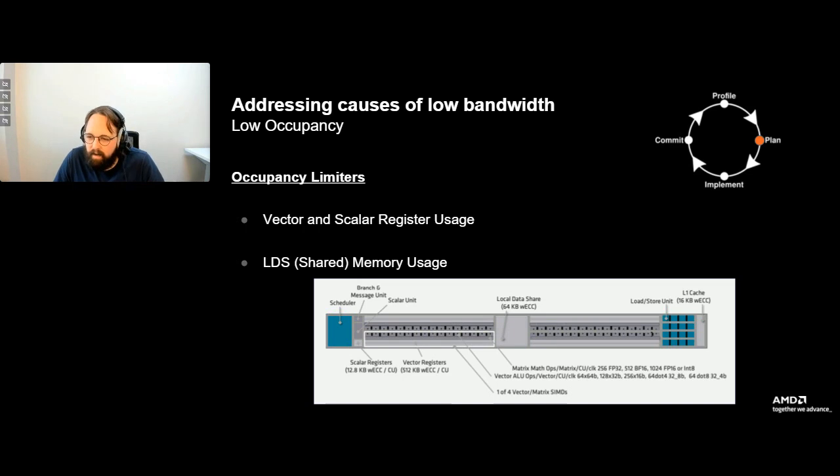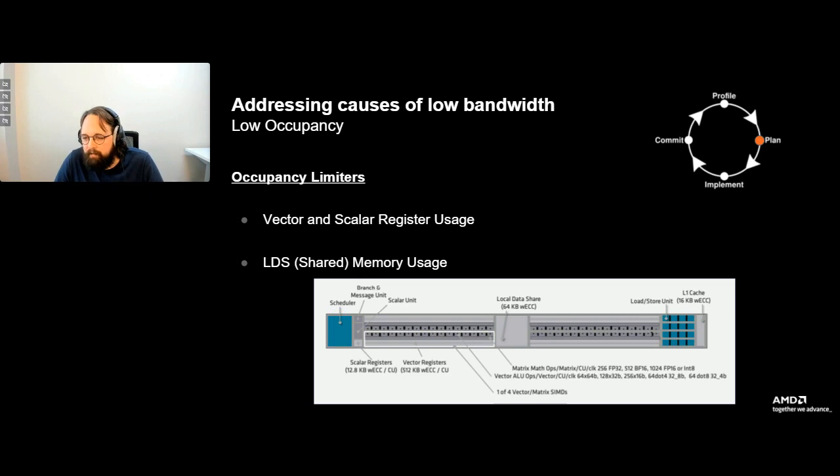This diagram on the bottom is a conceptual diagram of the compute unit in the MI100, or the CDNA architecture. For the MI100, there are 12.8 kilobytes of scalar registers, 512 kilobytes of vector registers, and 64 kilobytes of local data share, which is your shared memory space. Now, you may have dealt with register spillage before if you've done CUDA programming.